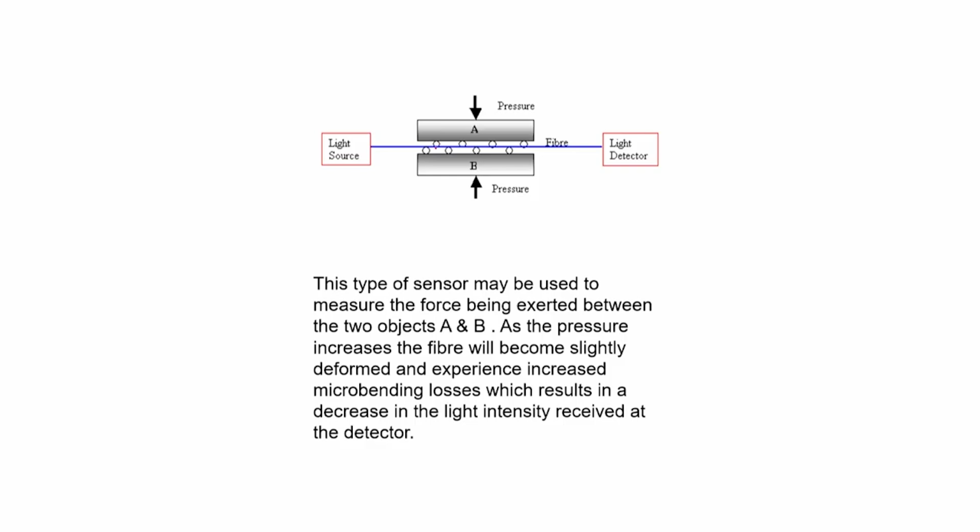We can also use small micro bends in the system, and if there is a pressure, that pressure will change the nature of the micro bend, and that will also change the path of the light. So, thus you can use optical fibers in a variety of ways in terms of sensing if there is a change in the environmental condition.